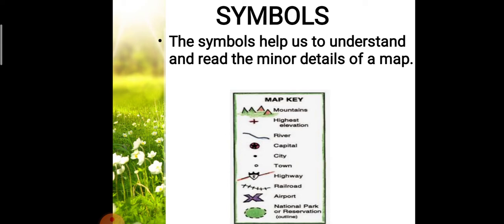Maps have a universal language also, which is used across the world, and the symbols which are used with the same meaning across the world are known as conventional symbols. About the conventional symbols, you will study more in your next classes. So this is all about symbols.